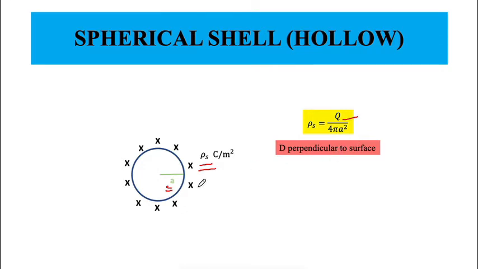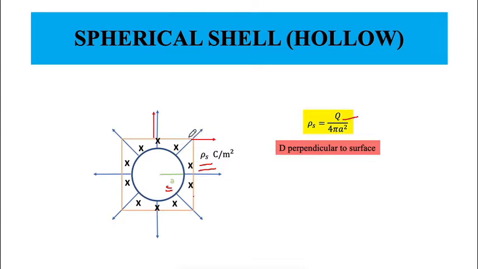Now let us say, for argument's sake, this is not correct. Let us say the D field is in this way to the surface that you have chosen, or rather let us go back and write the field here.